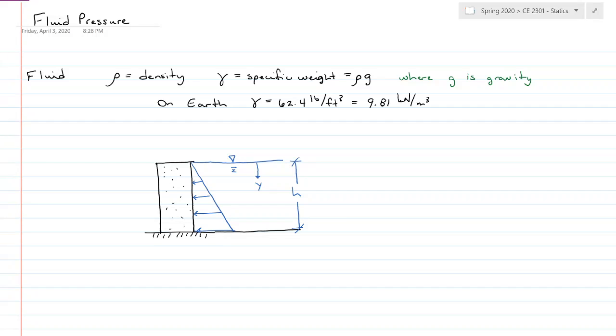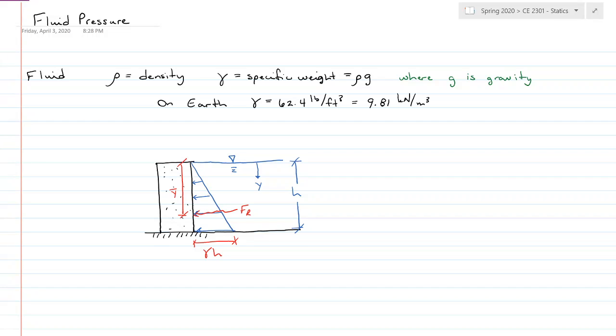This is going to give us, just like a distributed load, a resultant force, and we need a y bar depth to the center of that resultant force. Generally with fluids, we measure all things from the surface. And the width, if we're increasing with depth, this is going to be gamma h.